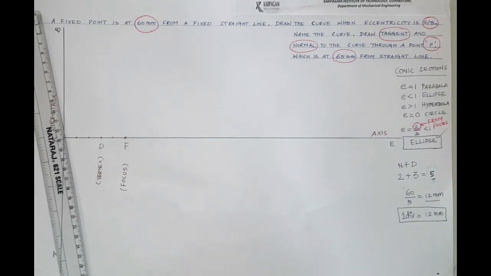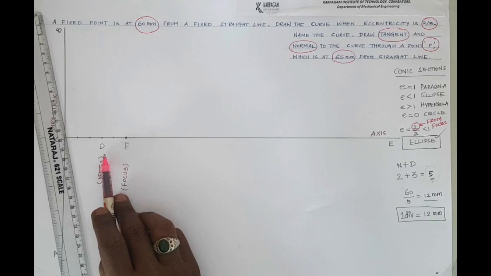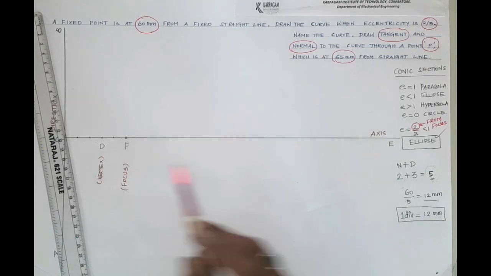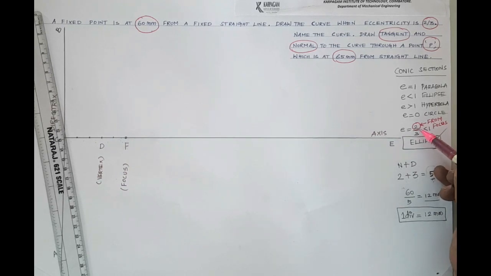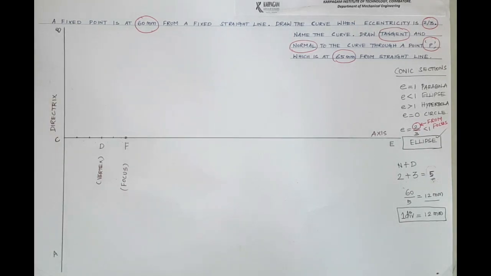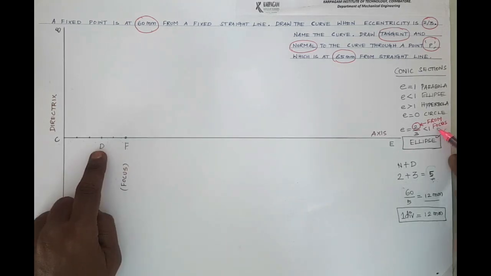In order to mark the vertex point, which is denoted by the letter capital D, you must concentrate on the numerator for better understanding. To avoid committing errors, just draw one circle on the numerator and then write from focus. That means you are going to mark the vertex point from the focus point.